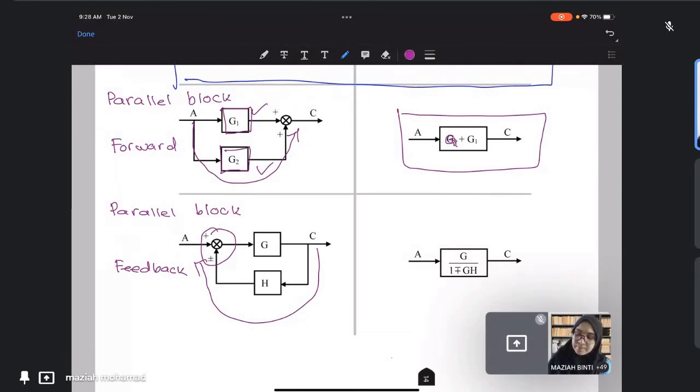If the sign at the summation point is plus, then in the equation it will become minus. If the sign at the summation point is minus, then in the equation it will become plus. That's why it is written minus or plus, because it depends on the sign at the summation point. So this is G over 1 minus GH.